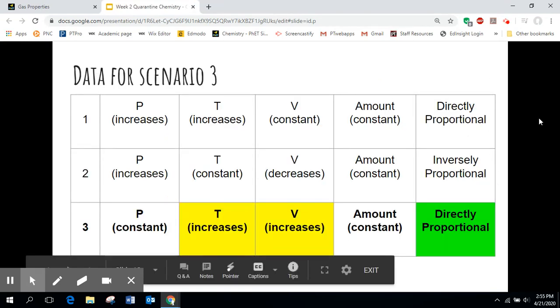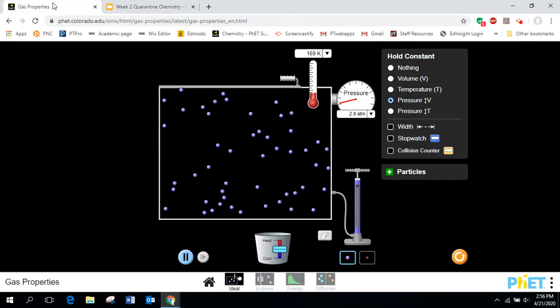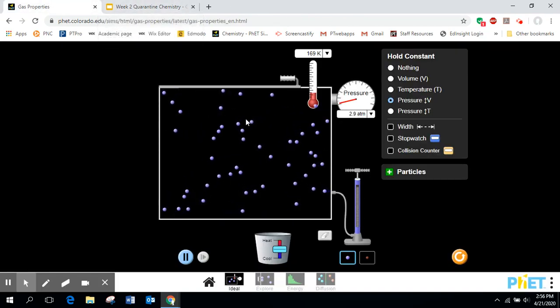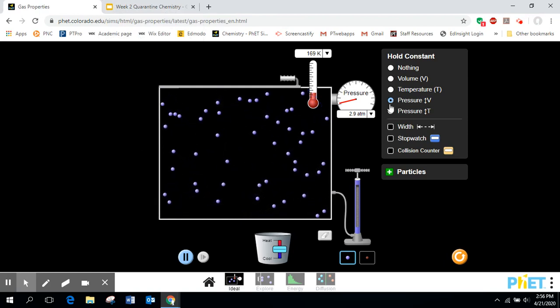Okay. All right. Our third relationship is looking at how temperature and volume are directly proportional when we have one pump of gas and we've got constant pressure. So we're going to hold the pressure constant. We're going to let the temperature and the volume change. So pressure is constant.